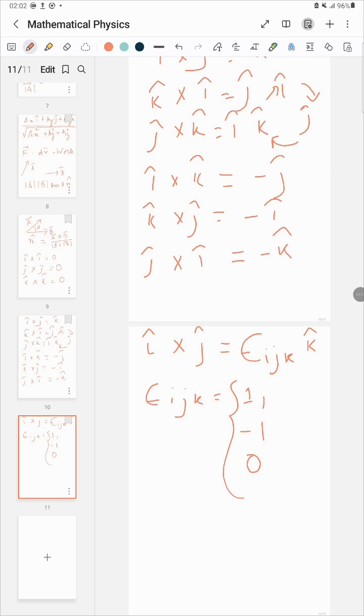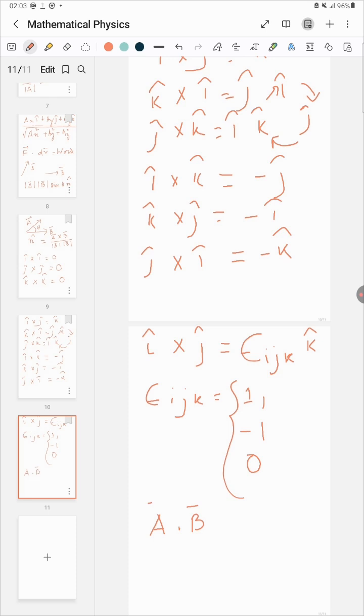Now coming to some of the properties of the scalar product. We know that scalar products always follow the commutative law, but vector product, that is cross product, does not follow the commutative law. What is the commutative law?